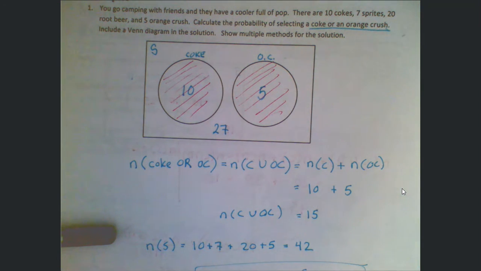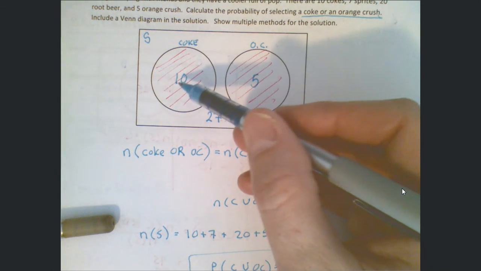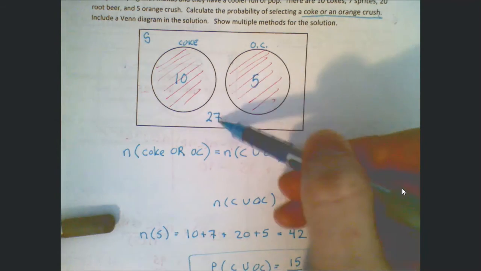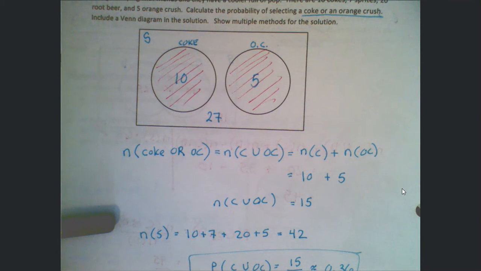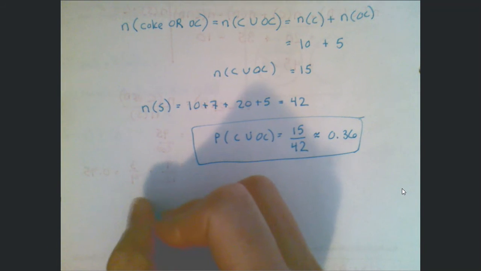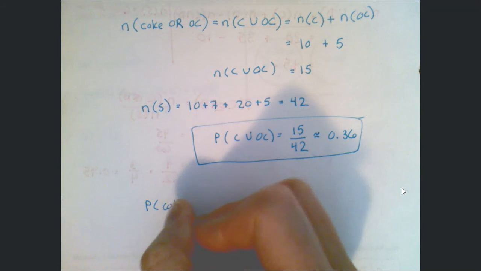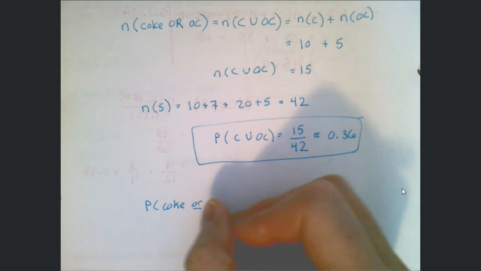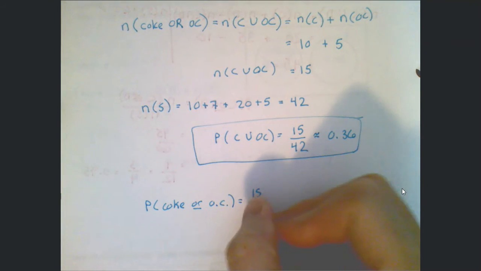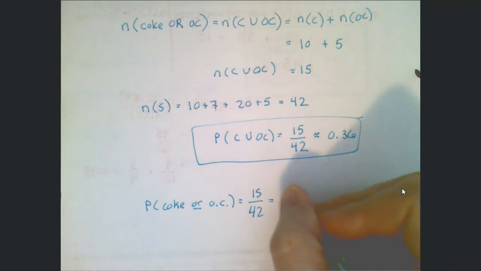And so when you're solving this and you're asking what's the probability of getting this or this, you would just take 10 plus 5 and divide it by 10 plus 5 plus 27, which is the total number. So you get 15 over 42. And that's all you have to do. I mean, you could have done this question without it right at the beginning. You could have said the probability of Coke or Orange Crush is just 15 over the total, and you would have got the same number.